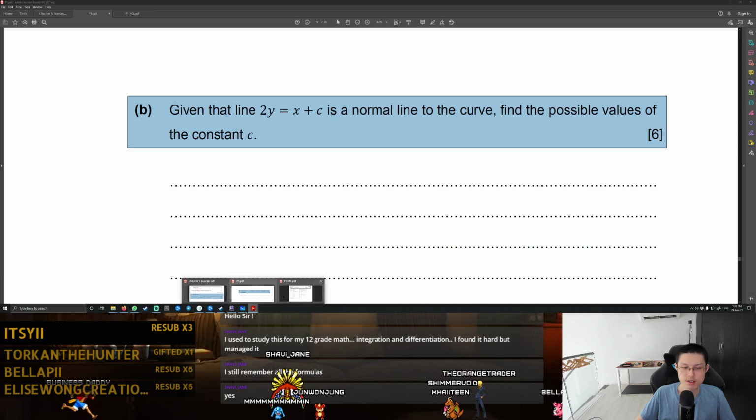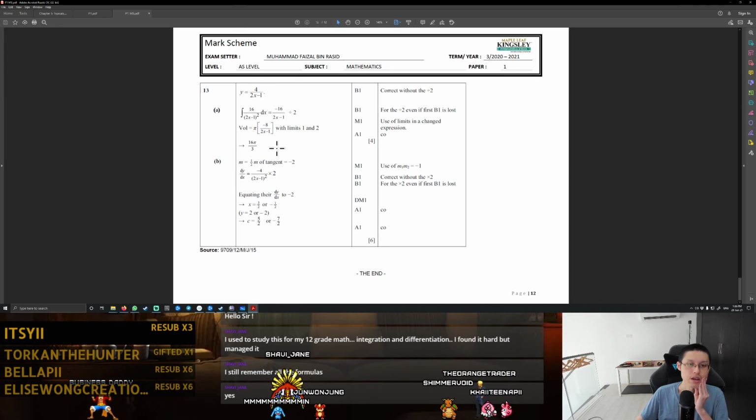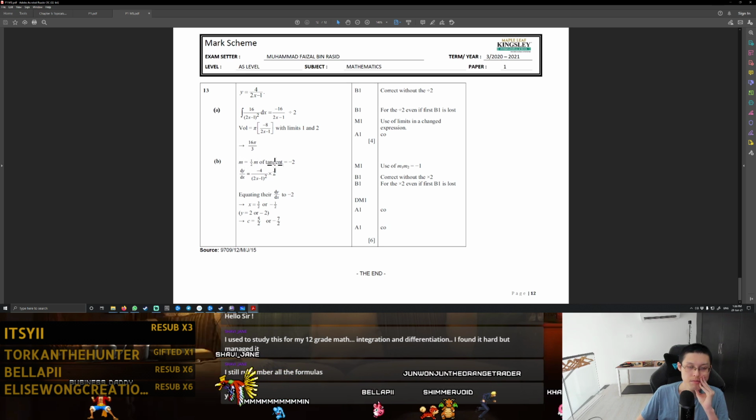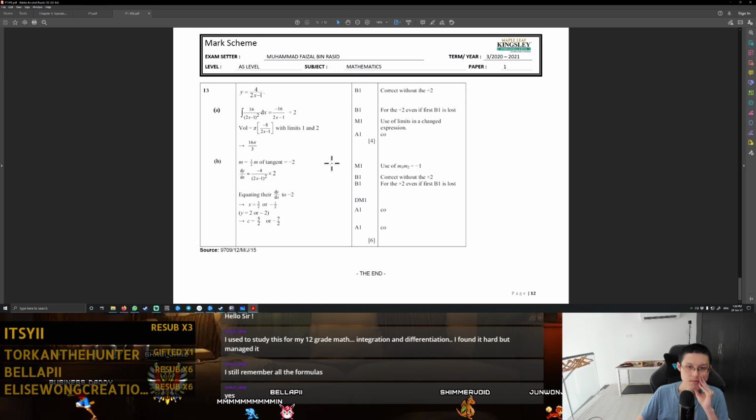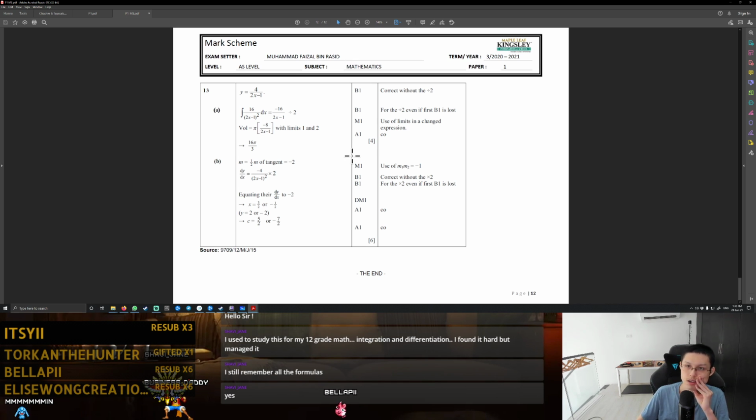What? Let's see what they do with the answer. So they're taking m equals to half, m of the tangent equals to minus 2. That is kind of weird.